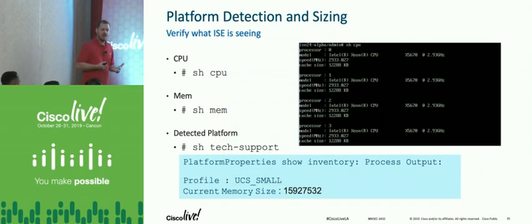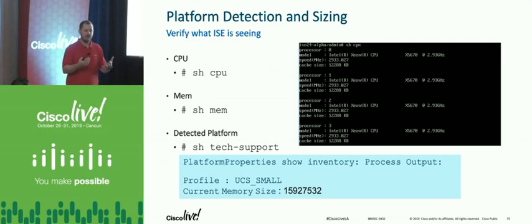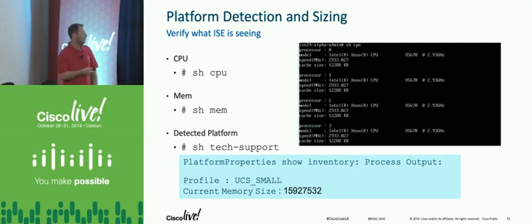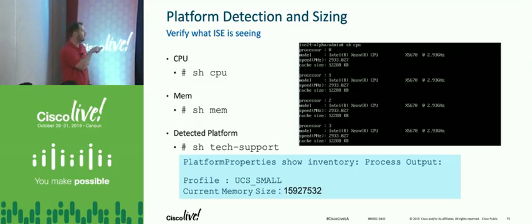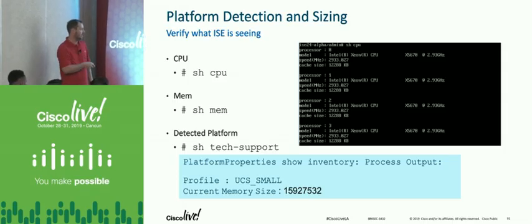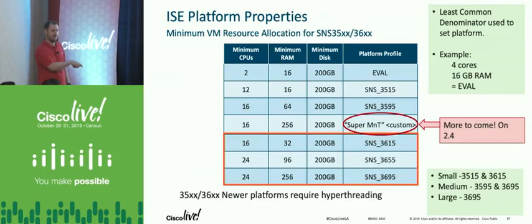Now, if you're already in production and you want to see how we've profiled and detected the sizing of the existing virtual machine, you can actually run show CPU, show memory, show tech support will actually give us everything. And one of the key things here is that profile. So that profile is actually matching back to these platform profile names.